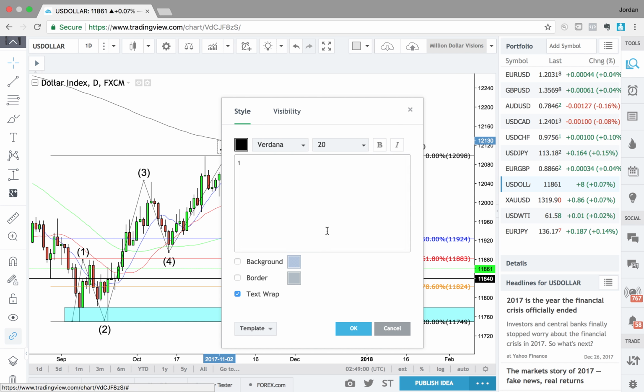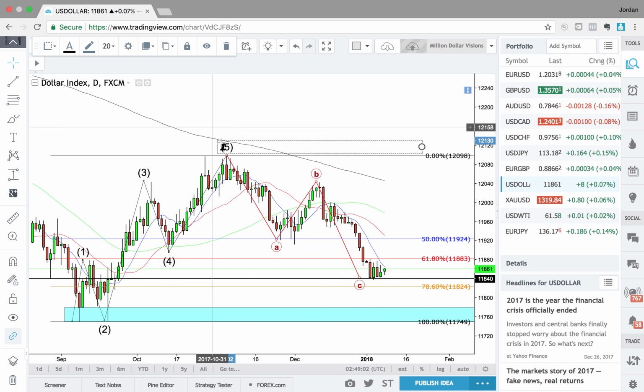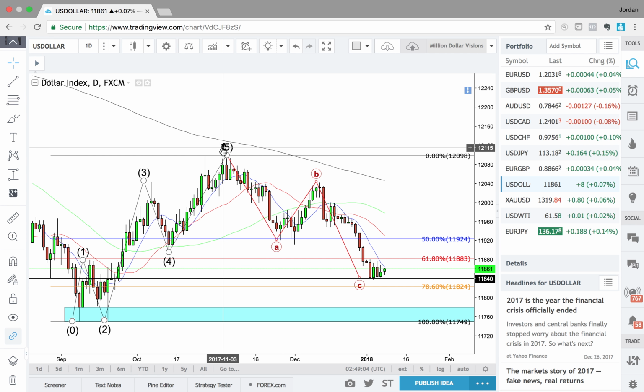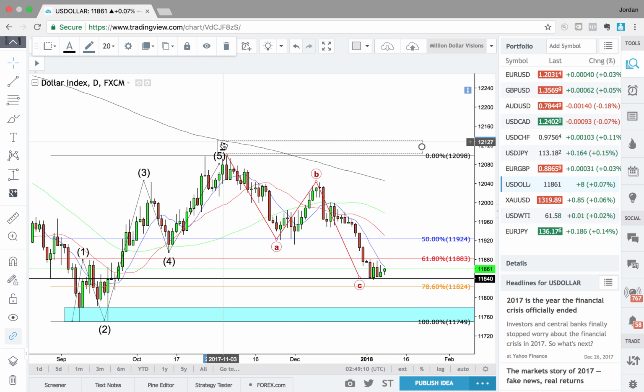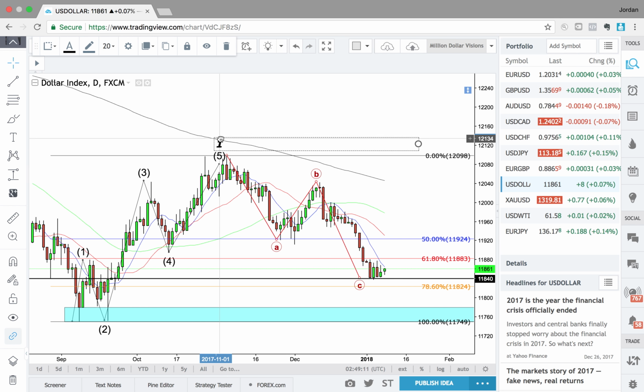Let me make this a little bit bigger, and get this where we can see it a little bit better. So we got our one, and what we have right here could be our two.